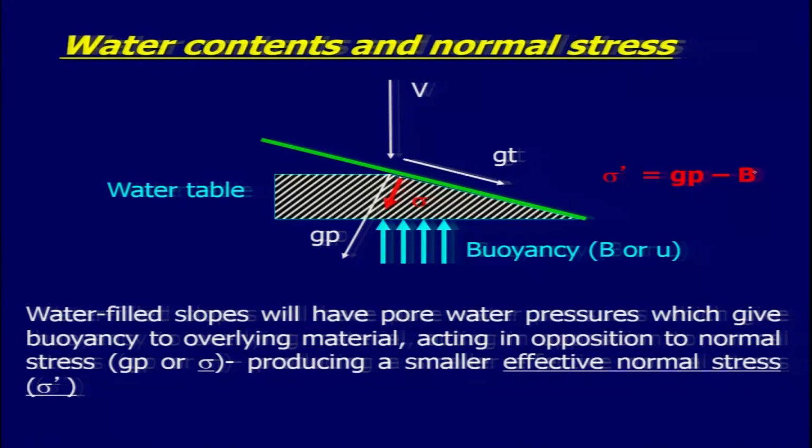So, even if you are having a very gentle slope, say around 20 degrees or 40 degrees, where in the previous case it was not moving, as soon as you have water in it, that will have the effect of buoyancy, resulting in the effective normal stress, which will be lesser than the GT and result in slope failure.